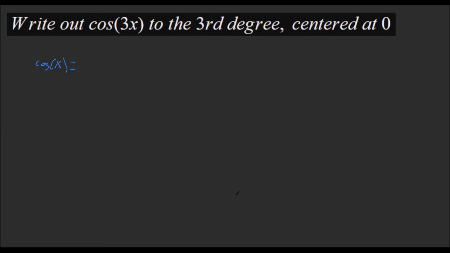In this case, we're going to have to find 3, because the third term is f triple prime of a times x minus a cubed over 3 factorial. Now this over here is to the third power. However, within the same term there is the third derivative. So we're going to have to find the third derivative, of course, and therefore we're going to have to find the first and second as well.